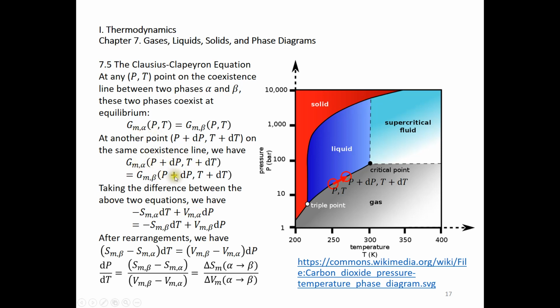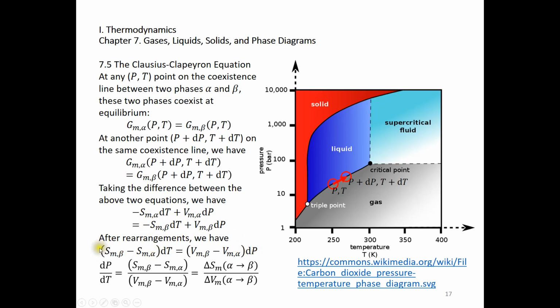On the right hand side, we do the same thing for the beta phase, and we have negative molar entropy dT plus molar volume dP for the beta phase. Now we will rearrange this equation so that dT appears on one side, dP appears on the other side.